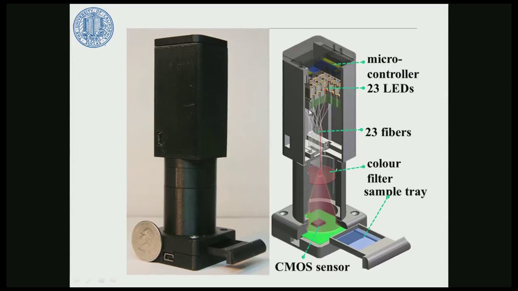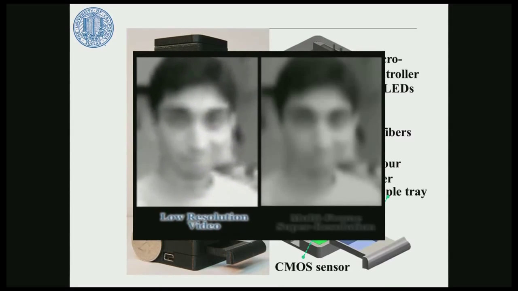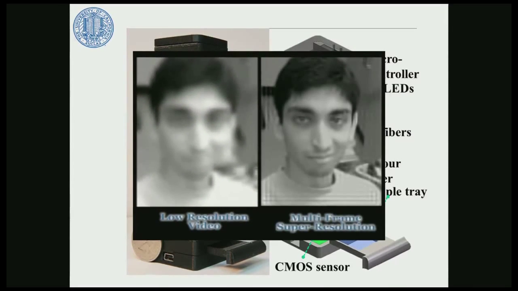What happens here is, as the LED turns on and off to switch to another position, digitally, the shadows start to shift. And you start to sample sub-pixel shifted versions of the same static object. And the math behind this is actually called pixel super resolution, the goal being taking a small pixel and digitally dividing it into even smaller pixels.